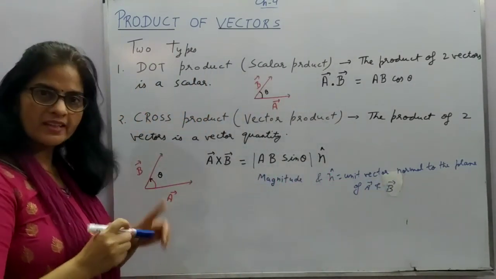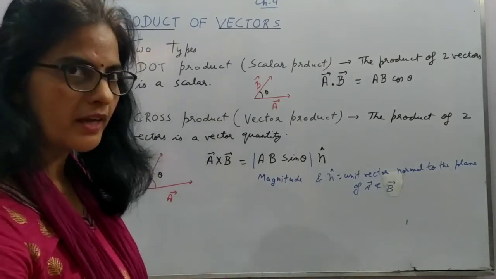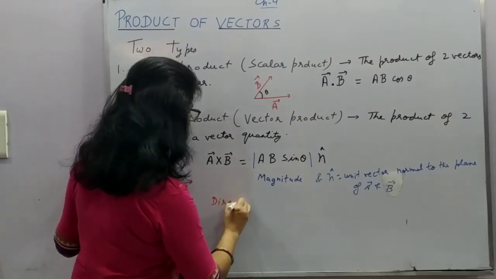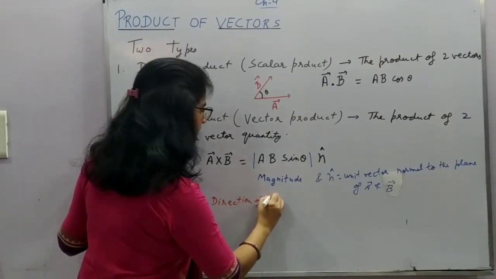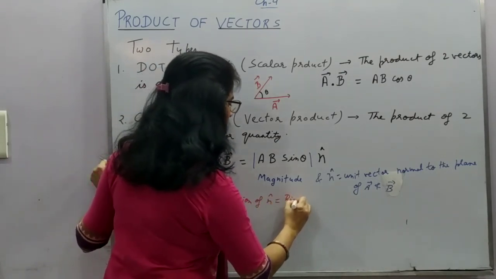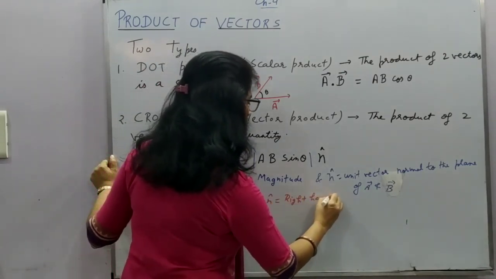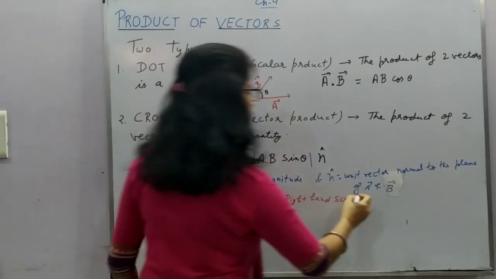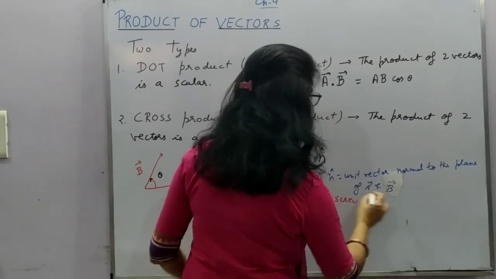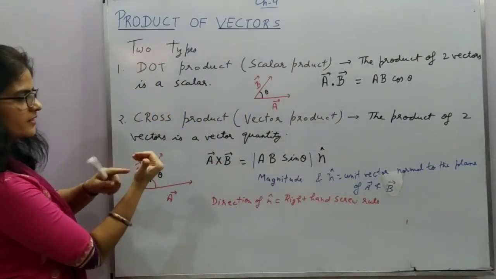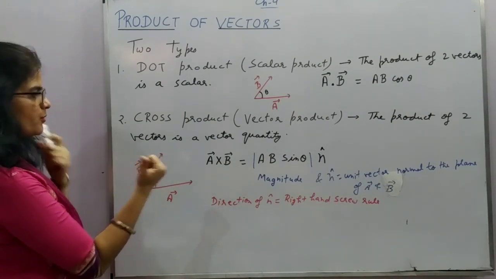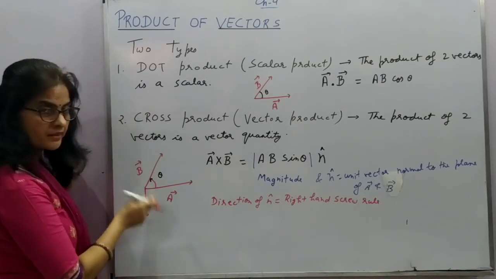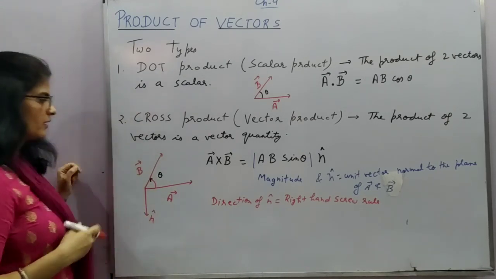And the direction of n cap is given by right hand screw rule, or right hand thumb rule, right? So for the right hand screw rule, the right hand screw rotates like this, then this is the direction of the point of the screw. So this n cap is here normal to the plane containing A and B, right?